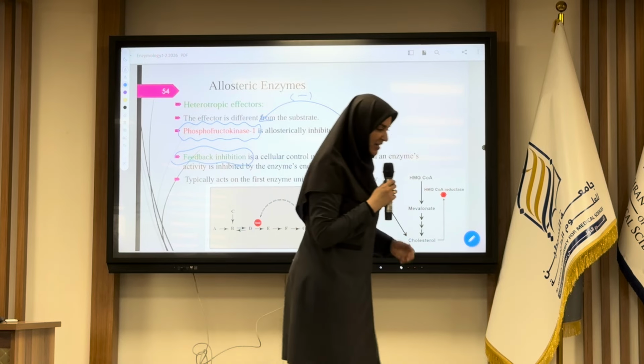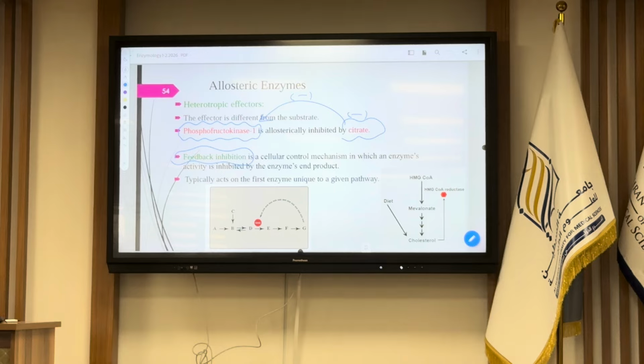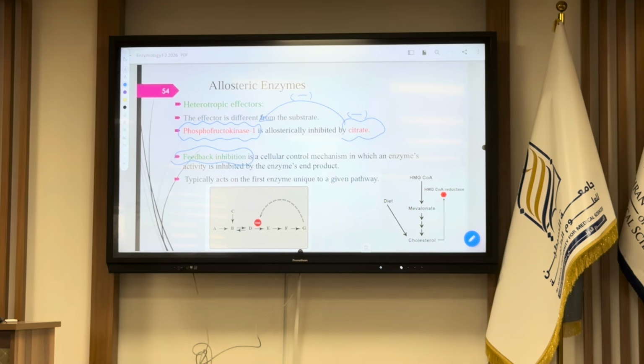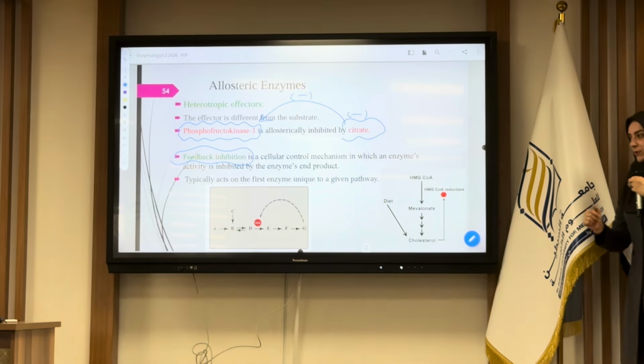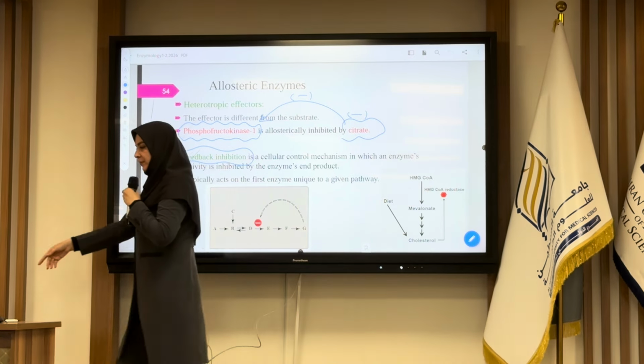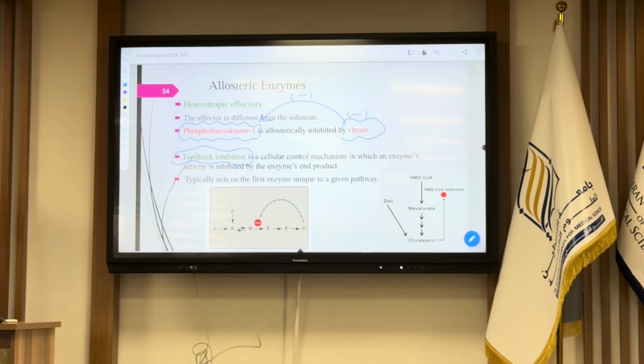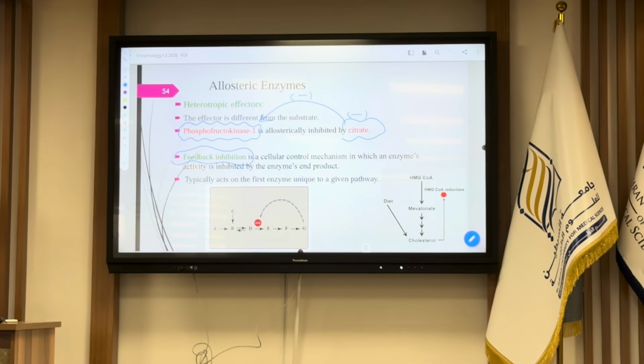Okay? So, as I mentioned, substrate is a positive effector. It tells all the enzymes, be ready, I'm here, when I accumulate. But what do you think about the end product? You have an accumulation of end product, for example, pyruvate in glycolysis. What do you think about the signal?